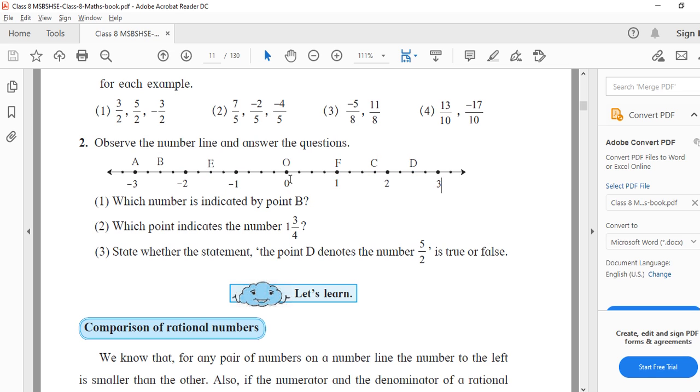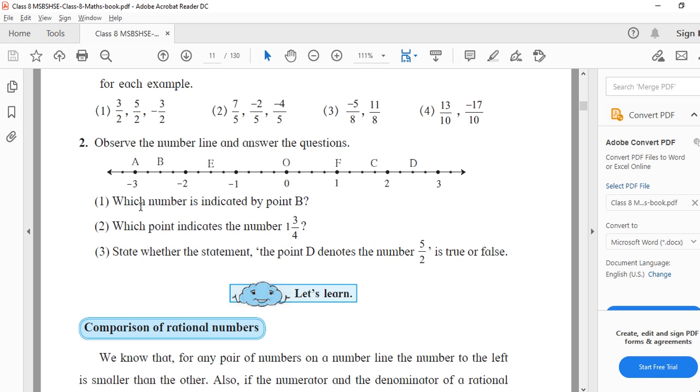This is the origin point, and if you see 1 2 3 4, the fourth point is your 1, so that means your denominator is 4 over here, and it will be consistent throughout. 1 2 3 4, the fourth point is your point number 2. 1 2 3 4, the fourth point is 3, and it will be consistent throughout.